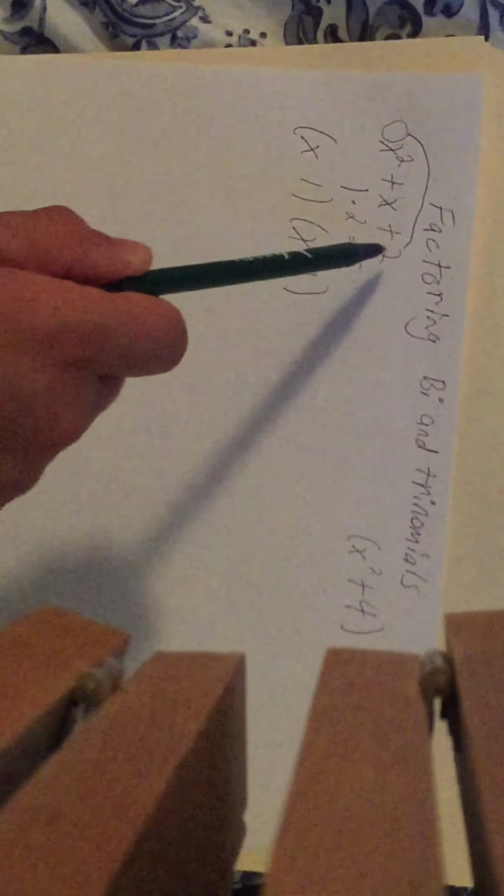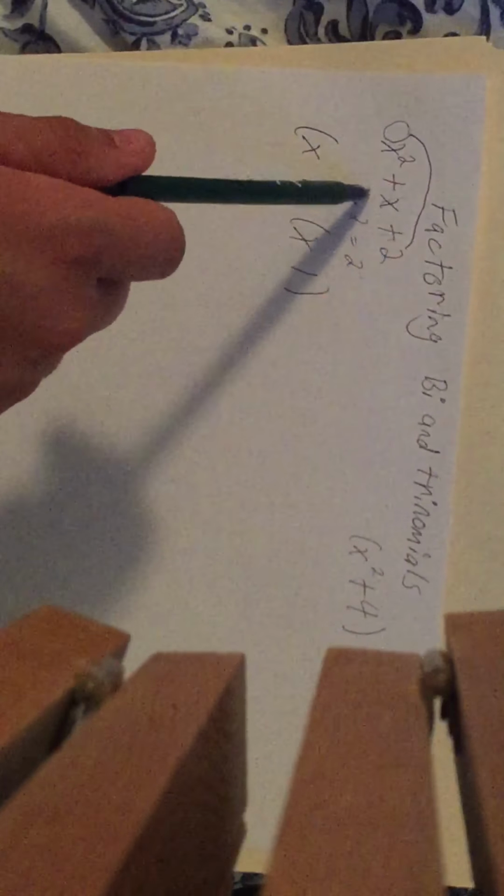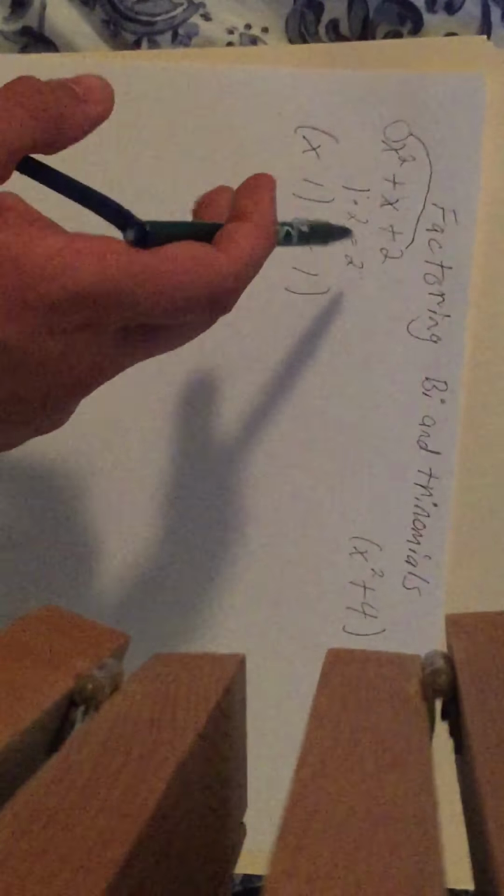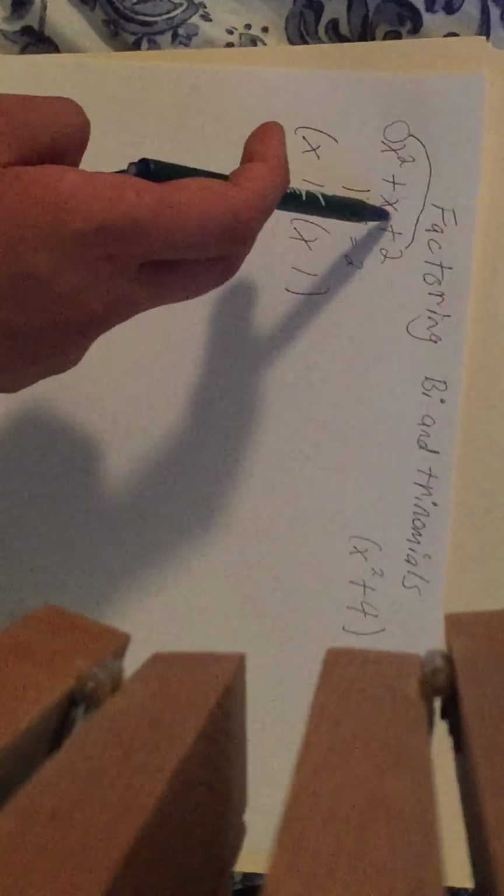First, you look at the last sign here, and this will tell you how many negatives you have in the equation. Since the sign is positive, you have no negatives, so you don't even have to look at the first sign. Because it's positive, you have two signs of whatever this first one is.